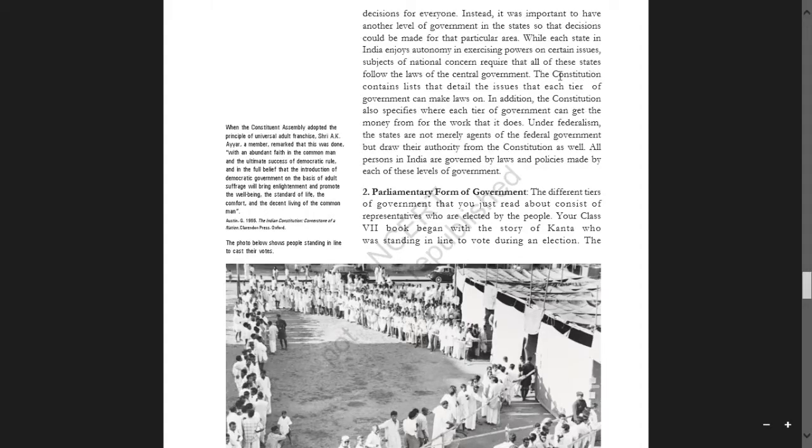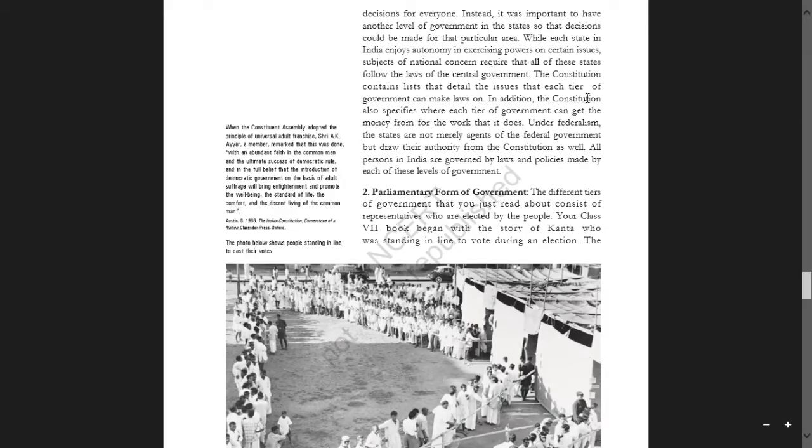The constitution contains lists that detail the issues that each tier of government can make laws on.